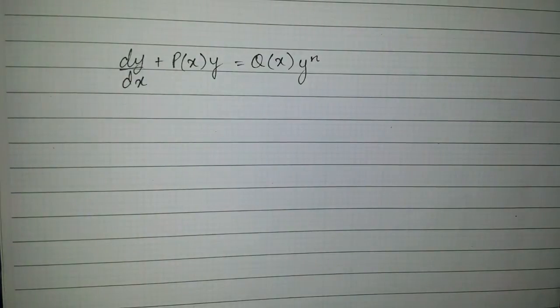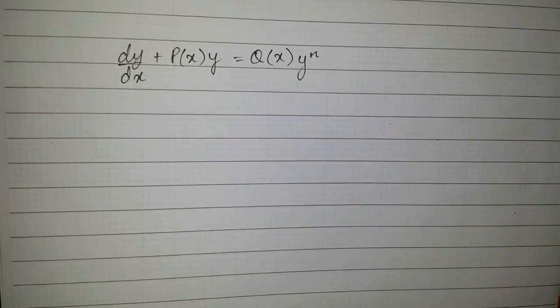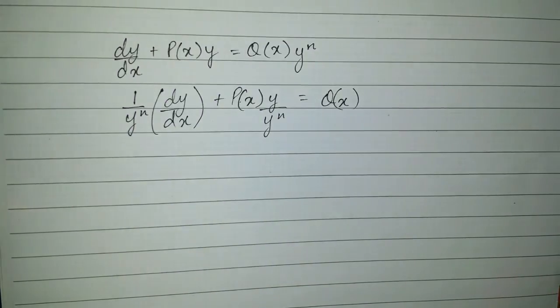So to solve a Bernoulli differential equation of this form, we will first get rid of the y^n term by dividing the whole equation by y^n, which would look like this.